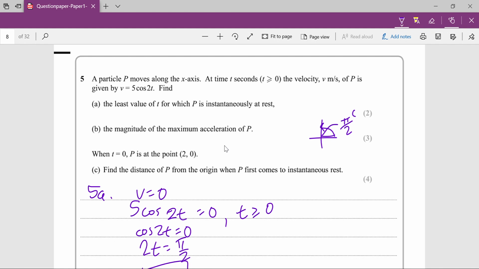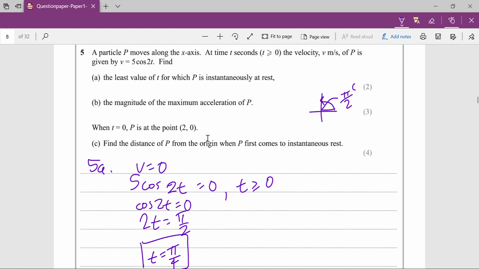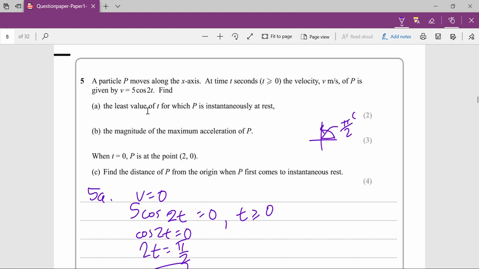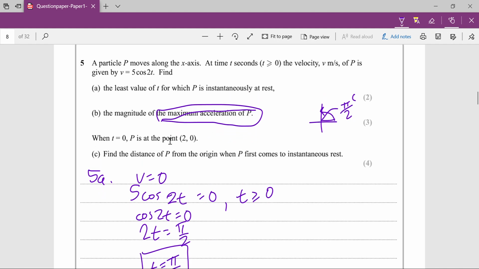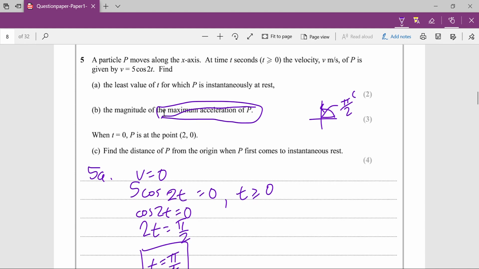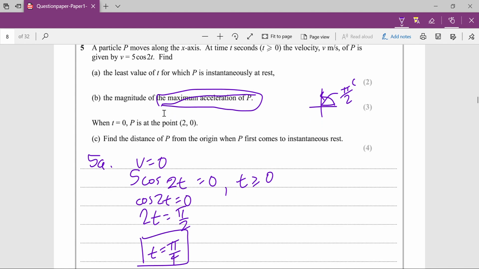That's how it works. Okay, so the magnitude of the maximum acceleration of P. In this case, we want to find an expression for the acceleration, which would be given by differentiating v with respect to t, and then finding the maximum of that.